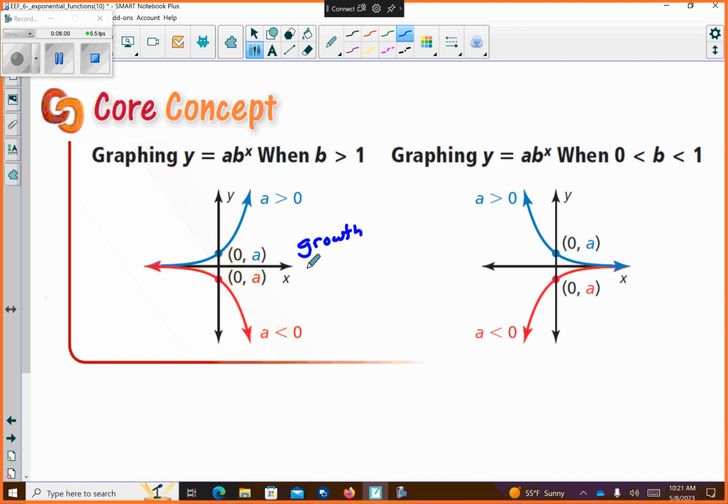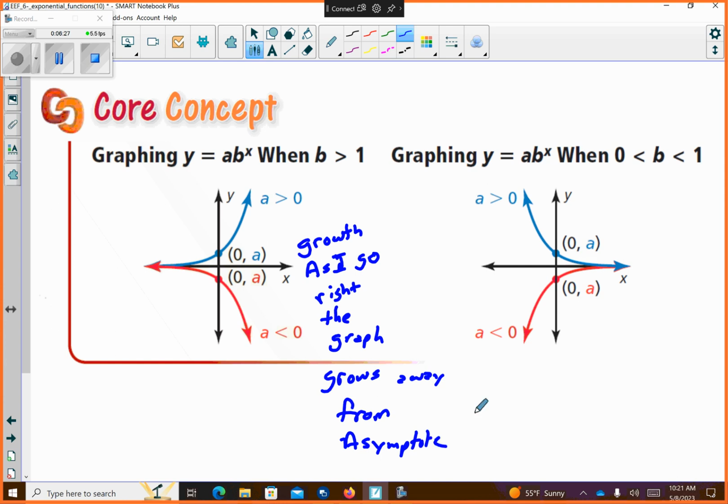And growth means as I go right, the graph grows away from the asymptote.